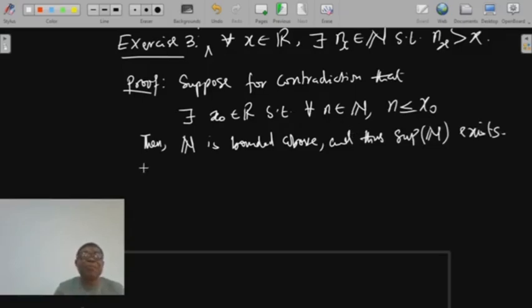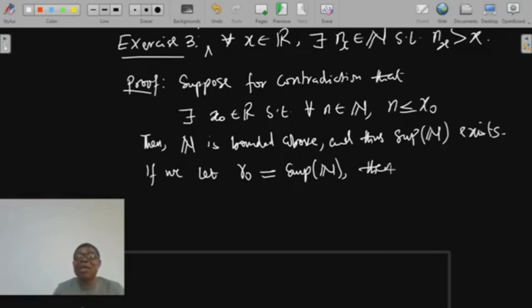So if we let, say, gamma naught be equal to the supremum of the set of natural numbers, assuming it exists with what we've just seen, then we obtain that for any n in the set of natural numbers, n is less or equal to gamma naught.